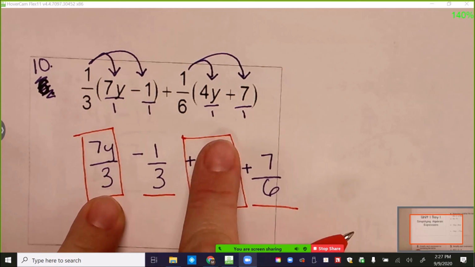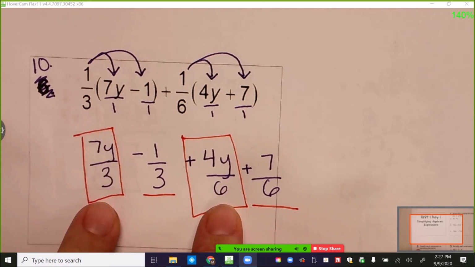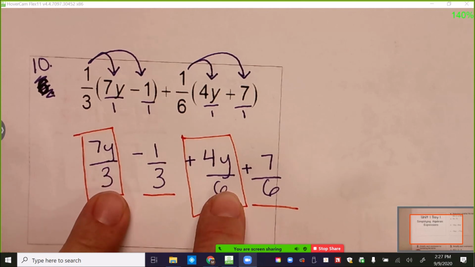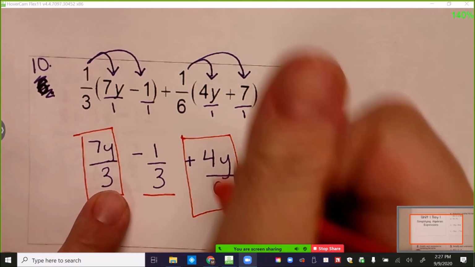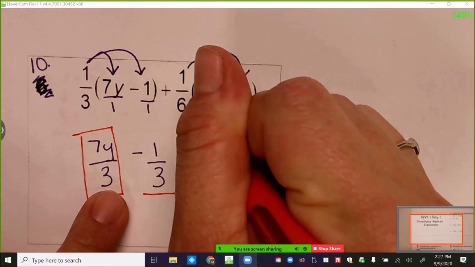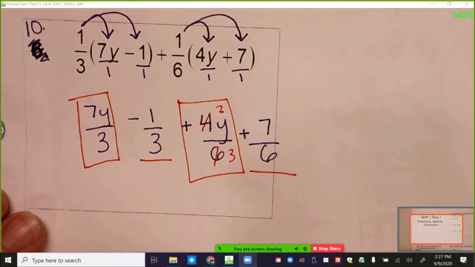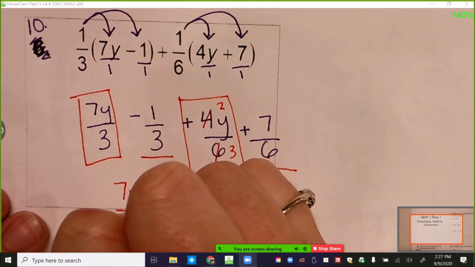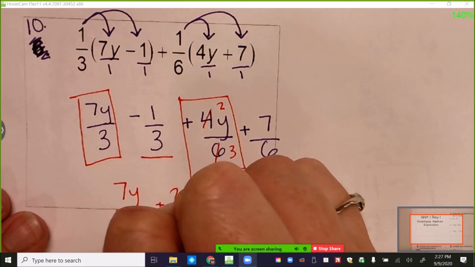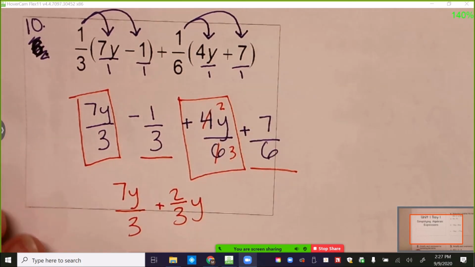Can I simplify 4 over 6 to have the same denominator? Yeah, how do you make a 6 turn into a 3? In half, right? So if I cut this both in half, I end up getting 2/3 y. So I'm going to rewrite it just so we don't totally throw ourselves off. 7y over 3 plus 2/3 y.